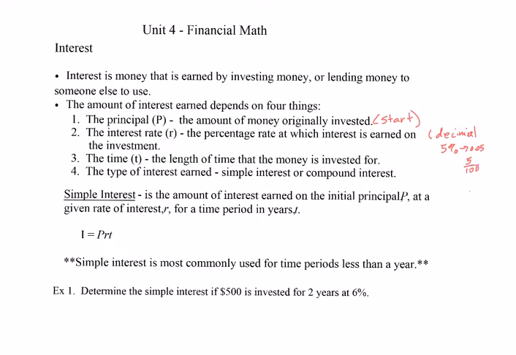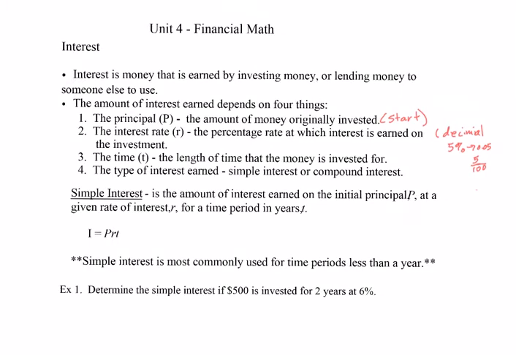And that's what you'll usually see me write instead of writing 0.05. We also have the time, and we also have to determine the type of interest earned. And today we'll be taking a look at simple interest and compound interest.